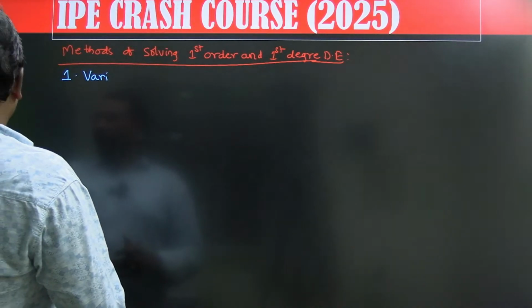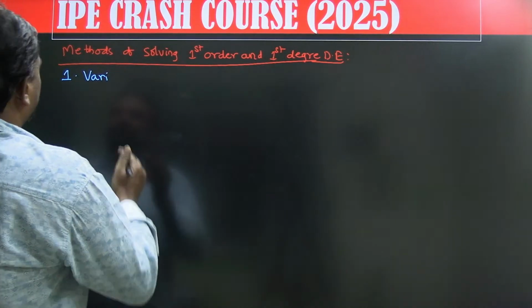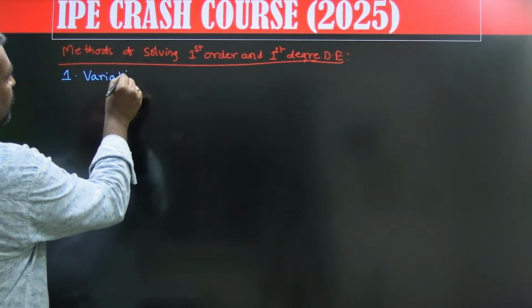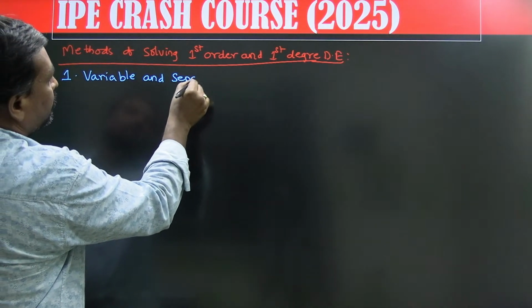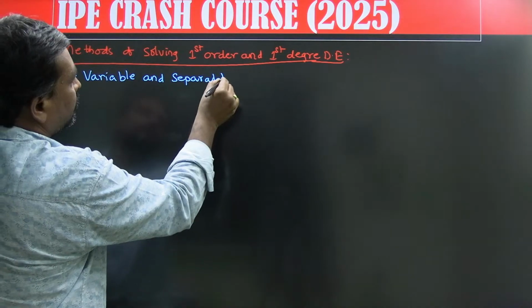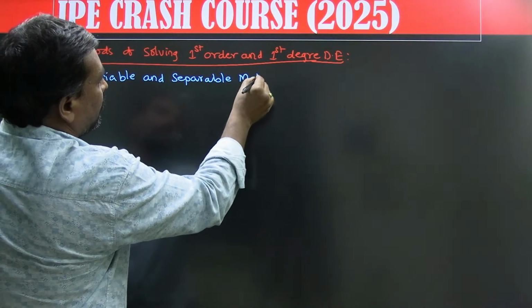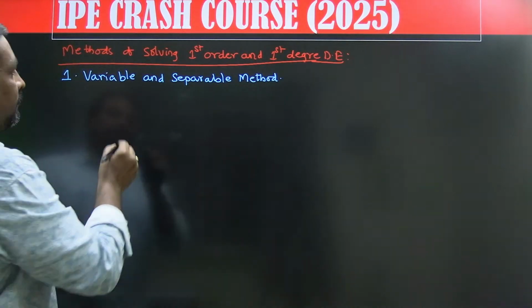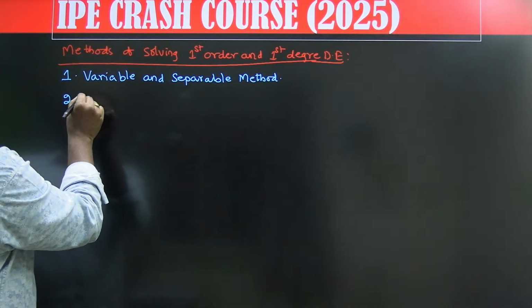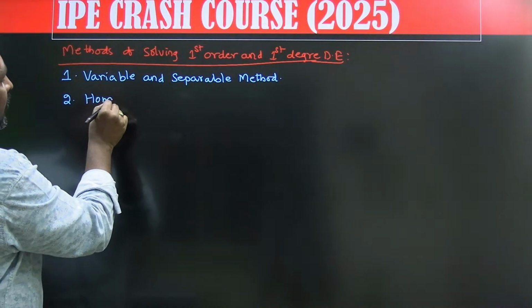First method is variable and separable method. So the 4 marks question comes from this method. Second, homogeneous method.